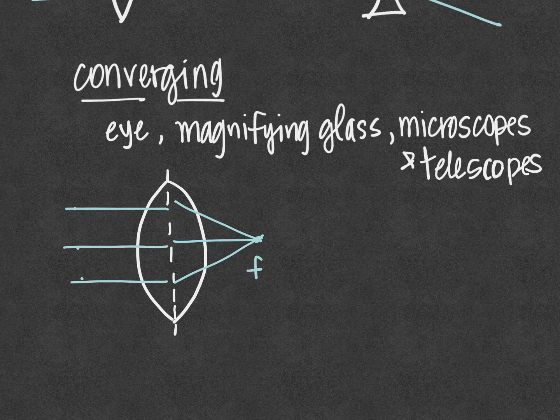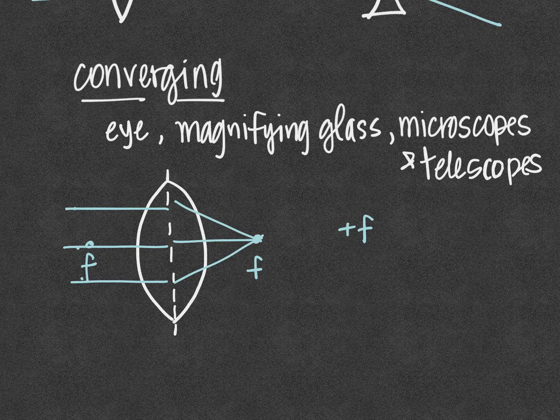Now for a converging lens, there is a focal point on the right side of the lens, and there's a focal point on the left side of the lens. And the focal point for converging lenses is always considered positive by convention.